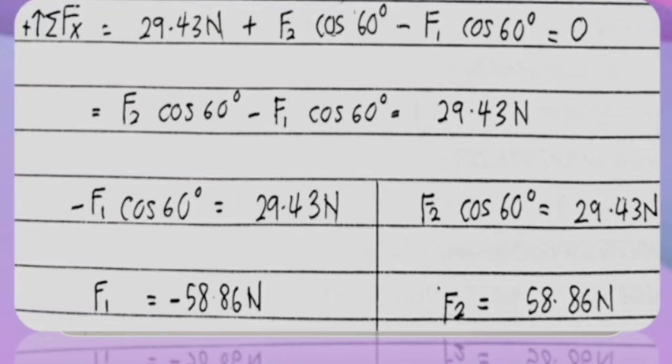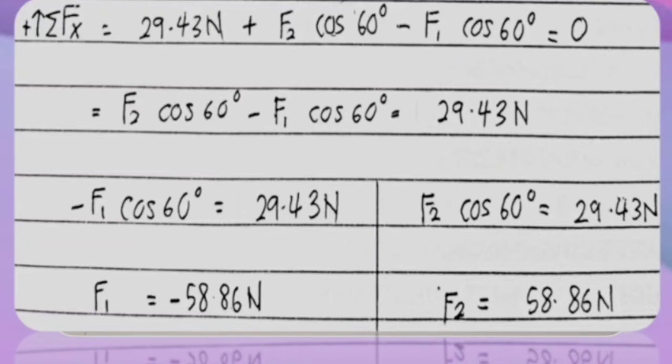From the arranged equation, we can see that F2 and F1 have the same force. For that, we have to consider the plus minus value of the force. For F1, negative F1 cos 60 degree equals 29.43 Newton, and we get F1 equals negative 58.86 Newton.